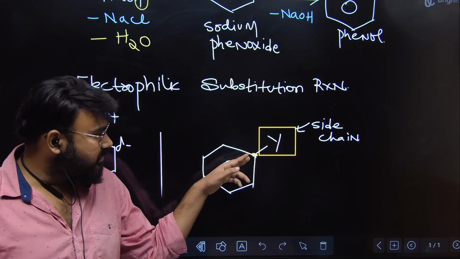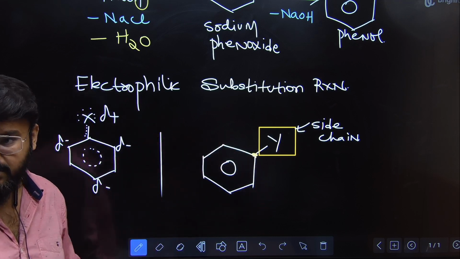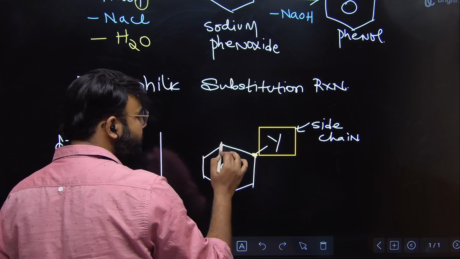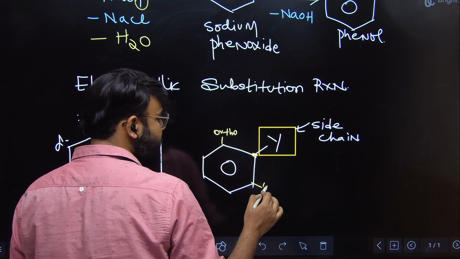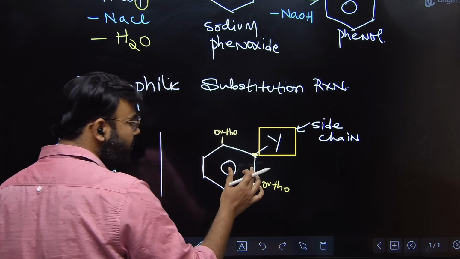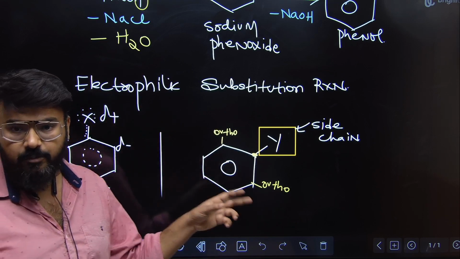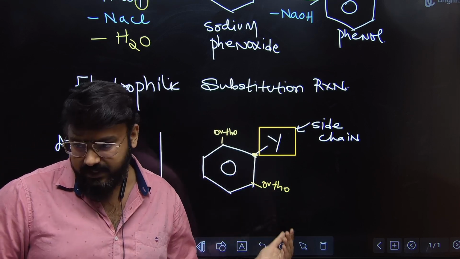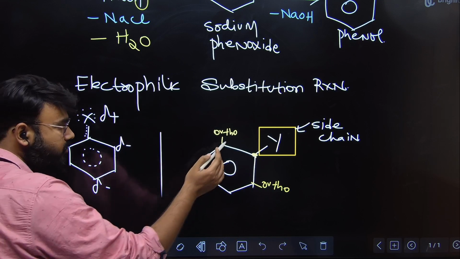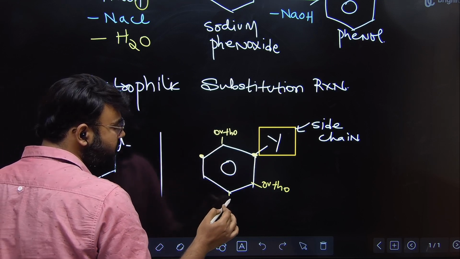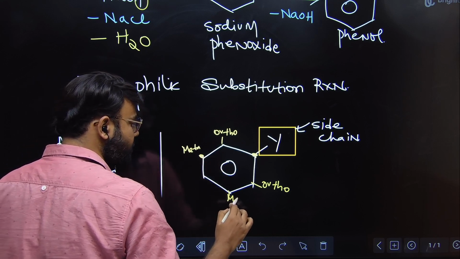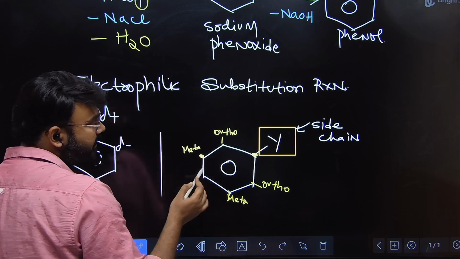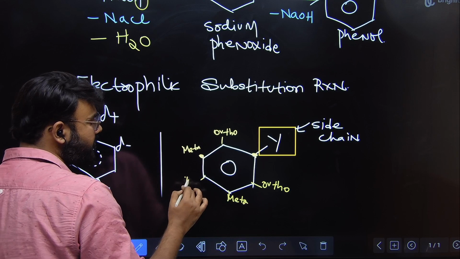And with respect to the position of the side chain, where the side chain is attached, the immediate next positions are called ortho positions. What do we call these positions? Yes, ortho. So how do you decide ortho? The positions immediately next to the side chain group, okay? Next to ortho, these positions are called meta, and next to meta, the only position is para.